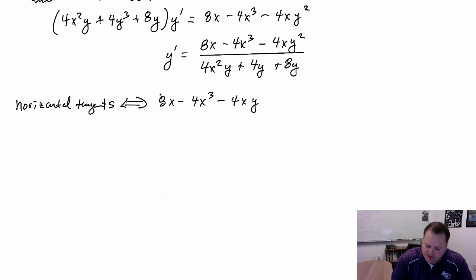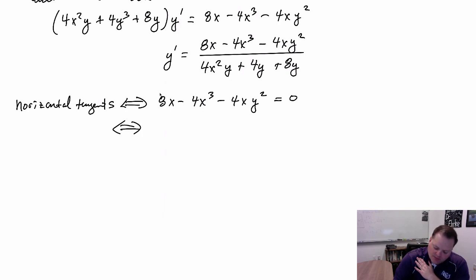So at any place where this thing is 0, you will end up getting horizontal tangent lines. So every term here has an x. I could factor that out. We know from looking at the problem that those tangents occur for both positive y and negative y. So how about I just solve this for y squared?